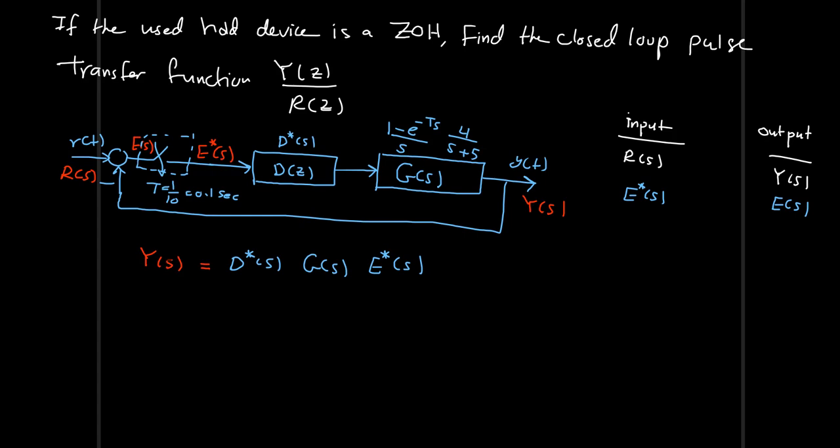If we take the star for both sides of the equation, we have Y star of s is equal to D star of s, G star of s, E star of s.